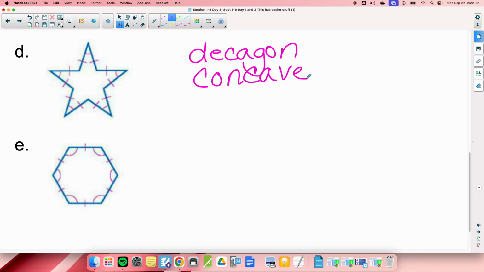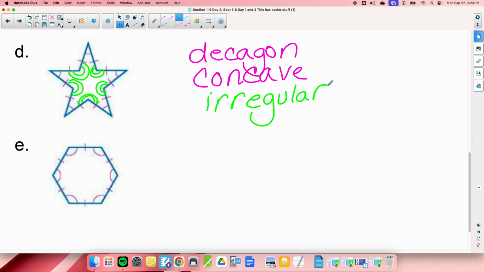When you have 10 sides marked equal, you need 10 angles marked equal, and it only has 5. This is an angle also, but it's different than that. It has 5 angles that are this size that are different than those outside ones. So because of that, it's irregular.